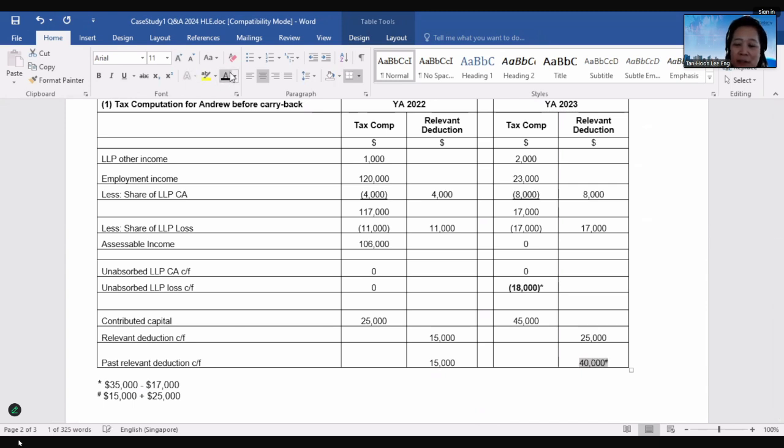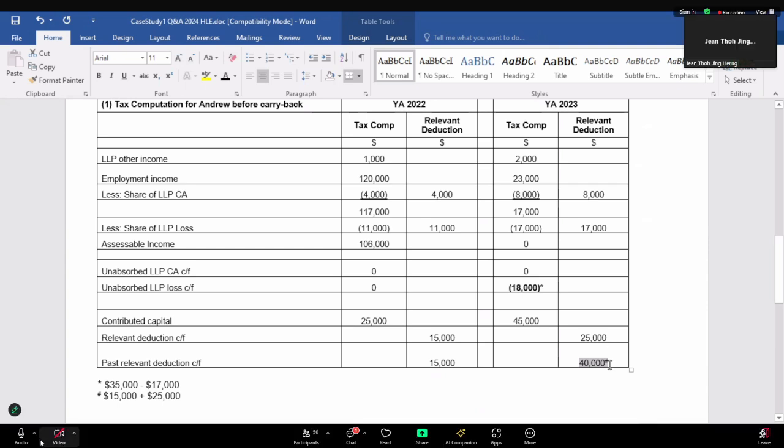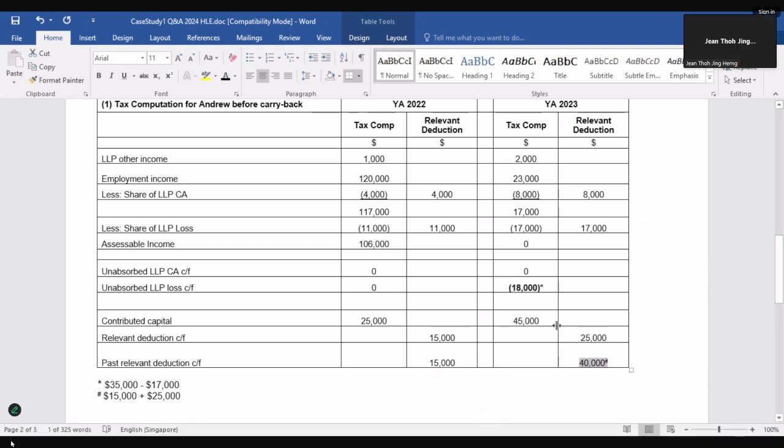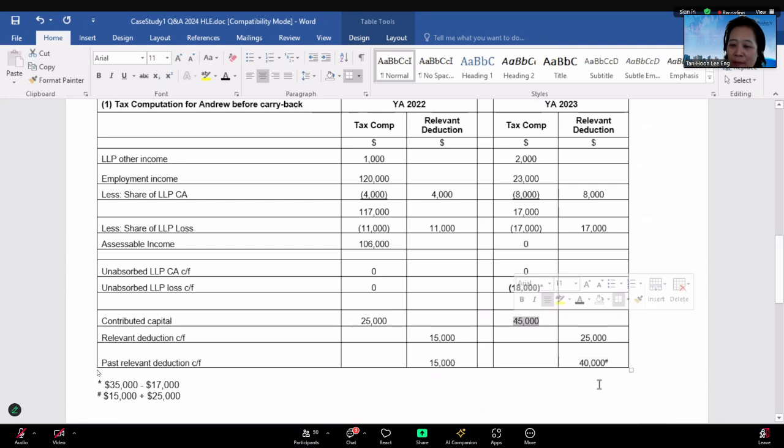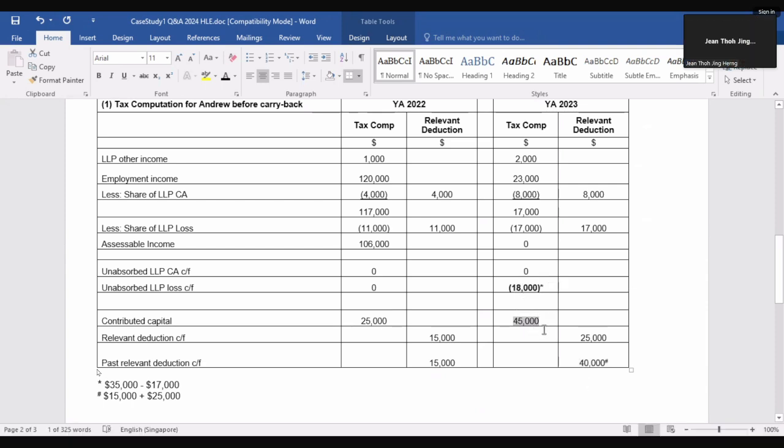Very good. So we have relevant deduction 40,000 for YA2023. Are we happy with it? Because the contributor capital is 45, we are very happy with it because it's within the contributor capital.